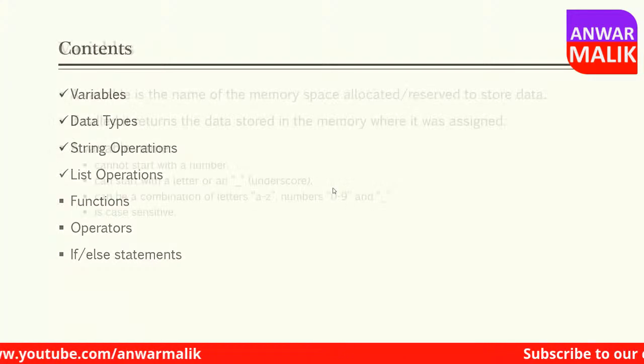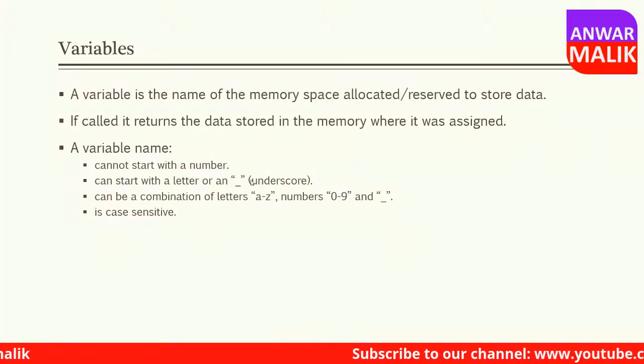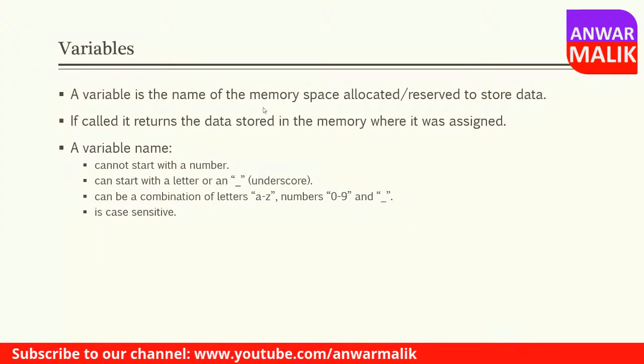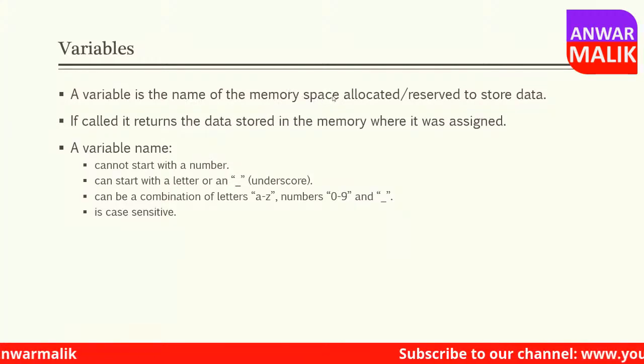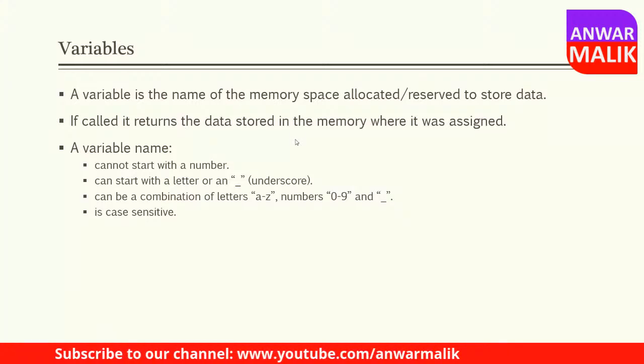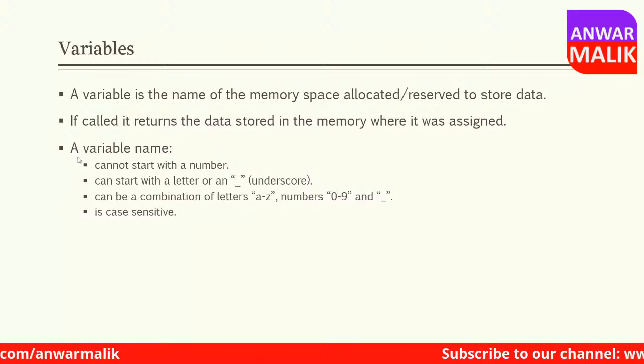Just to give you a recap, we already know what a variable is. It's nothing else. It's just a name for the memory space where your data is stored. And if you call the variable, it will return the same data. And these are a bunch of rules for how you can name a variable.